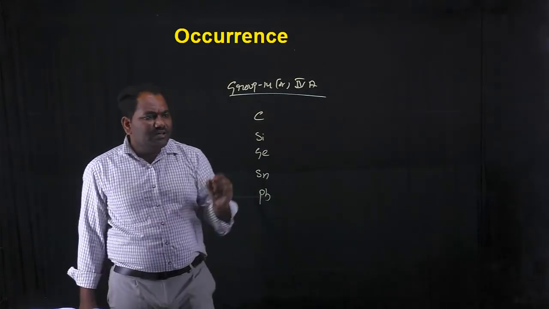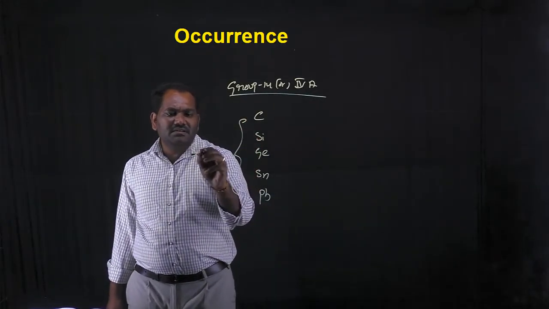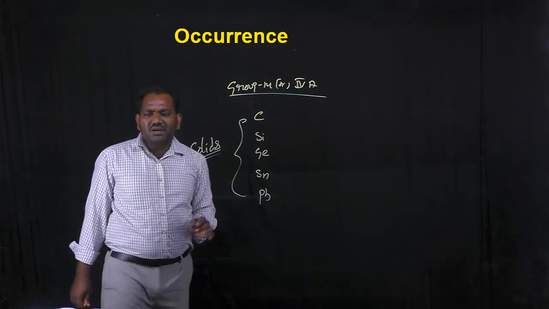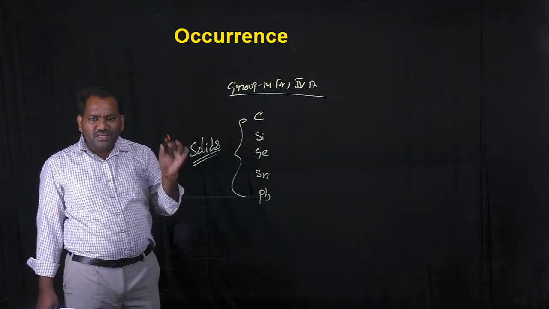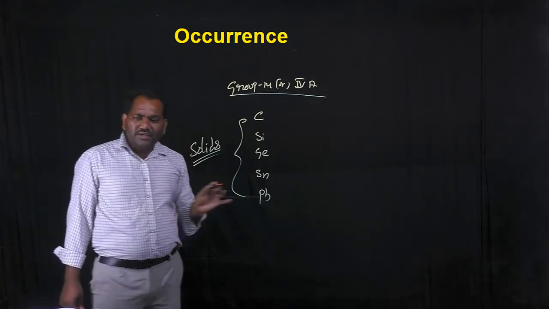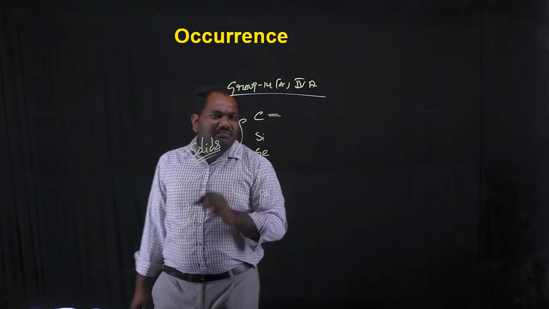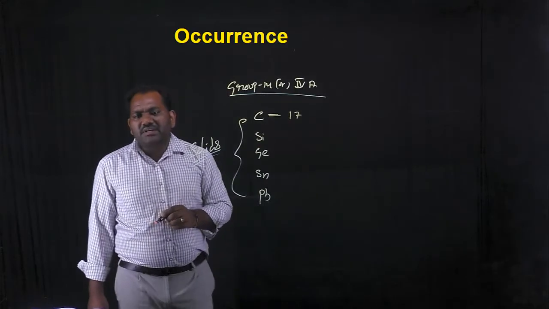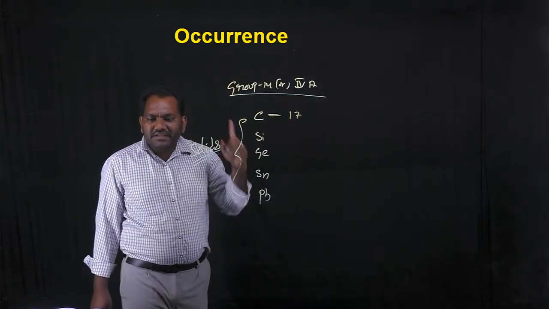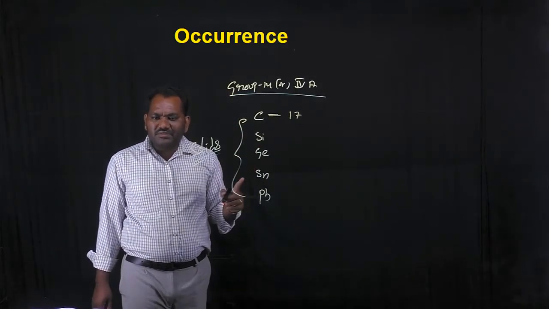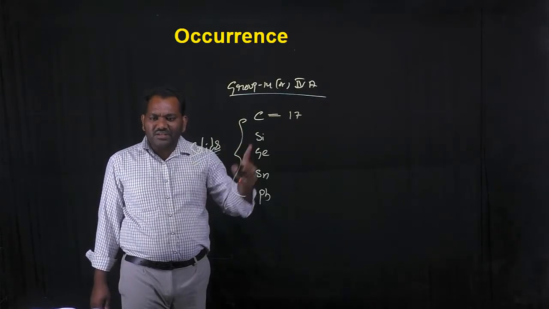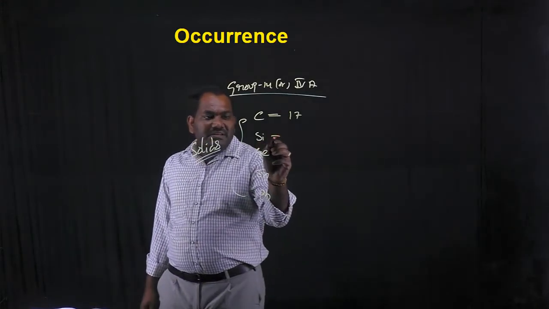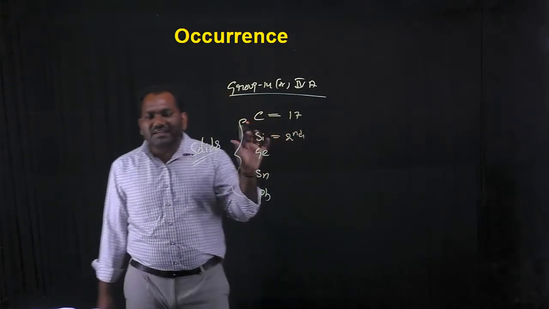Here all these are solids, so they must be available in the earth's crust. Carbon is the 17th most abundant element among the 118 elements, and silicon is the second most abundant element.